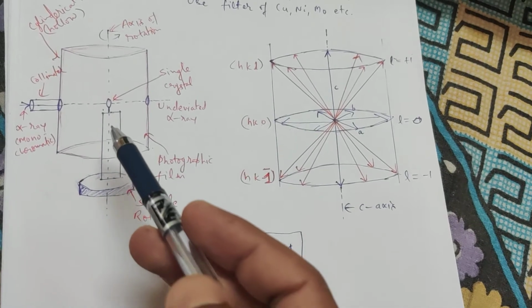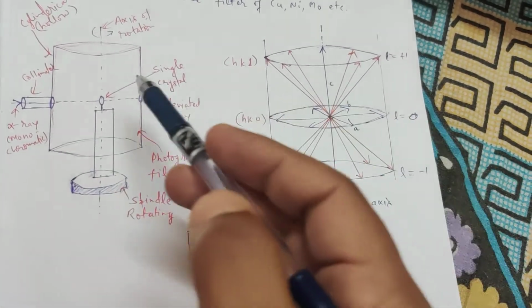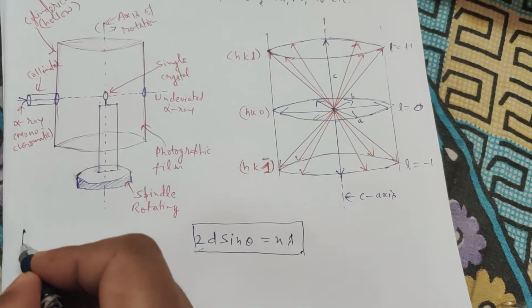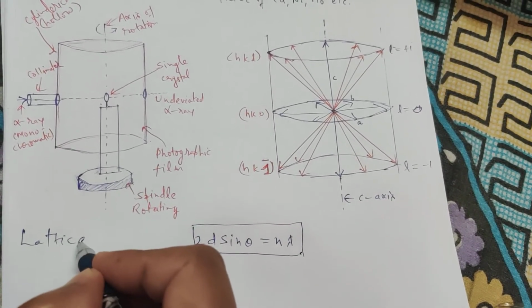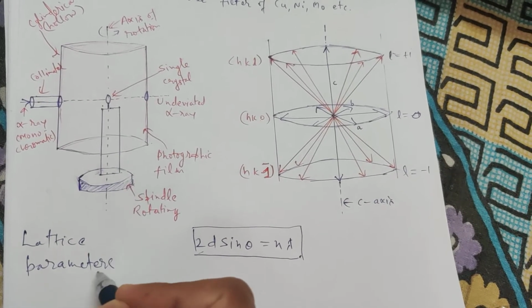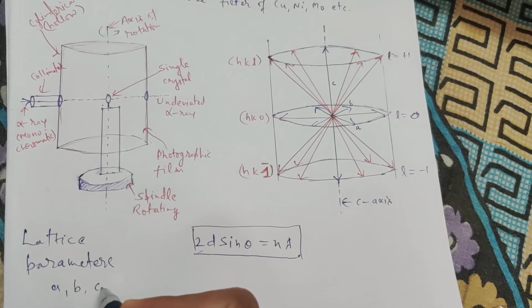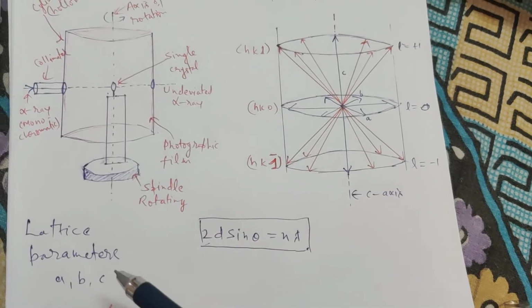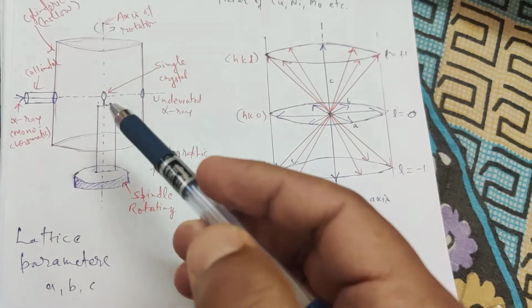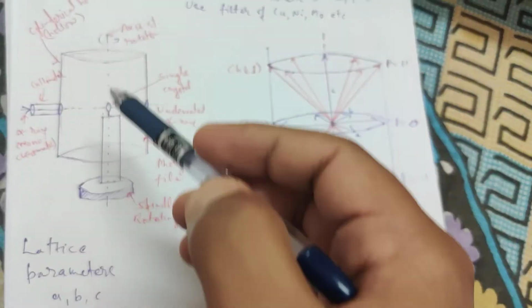let us consider that we have lattice parameters A, B and C. Let us consider that the C crystallographic axis is parallel to the axis of rotation.